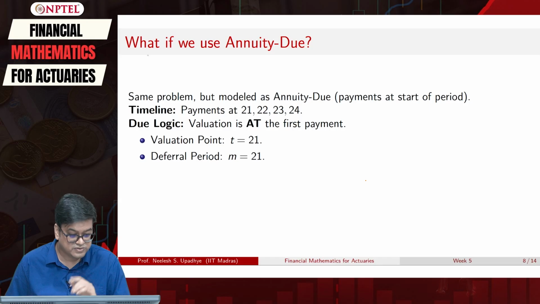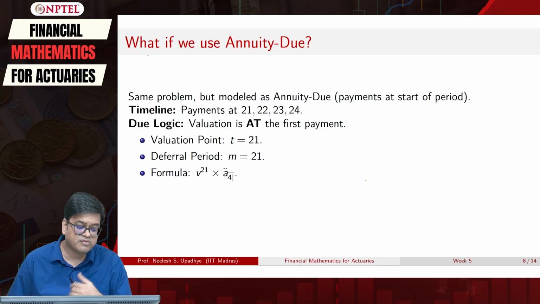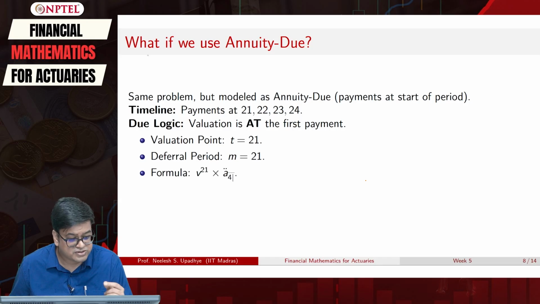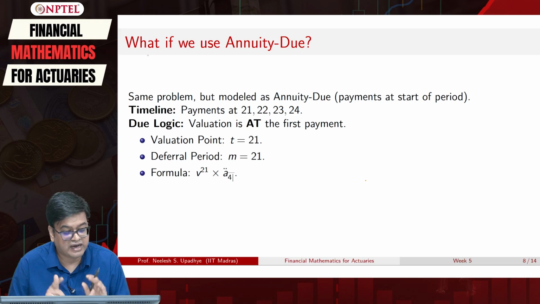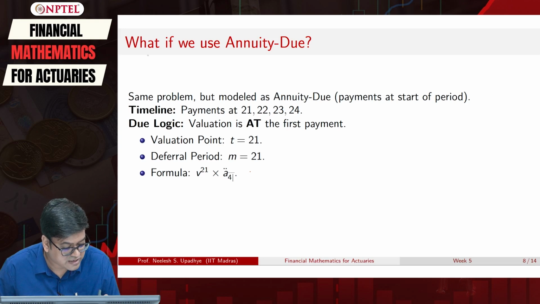Okay. So, if I use this, then what should be my formula? It should be V raised to 21 A double dot angle 4. Remember the connection, A double dot angle 4 and A angle 4, how they are related? I will simply use that connection.